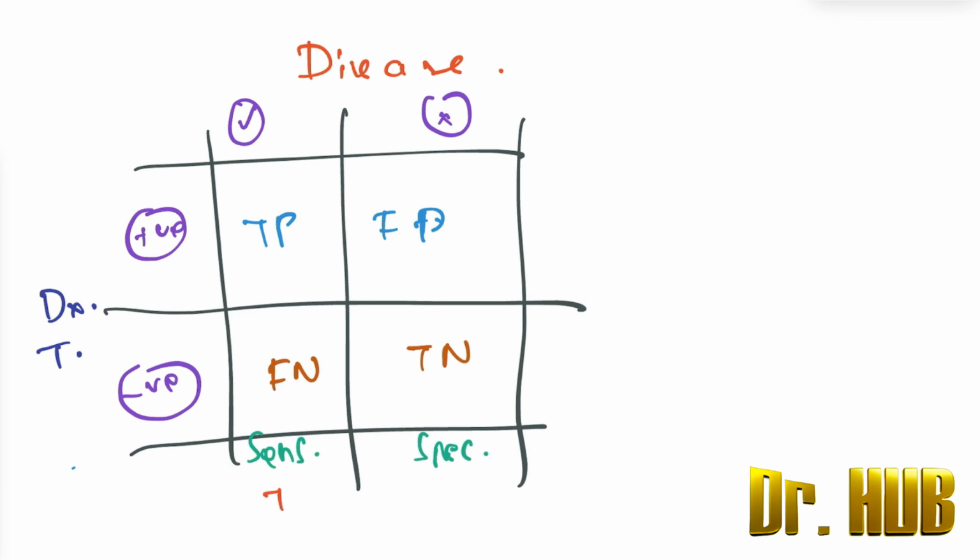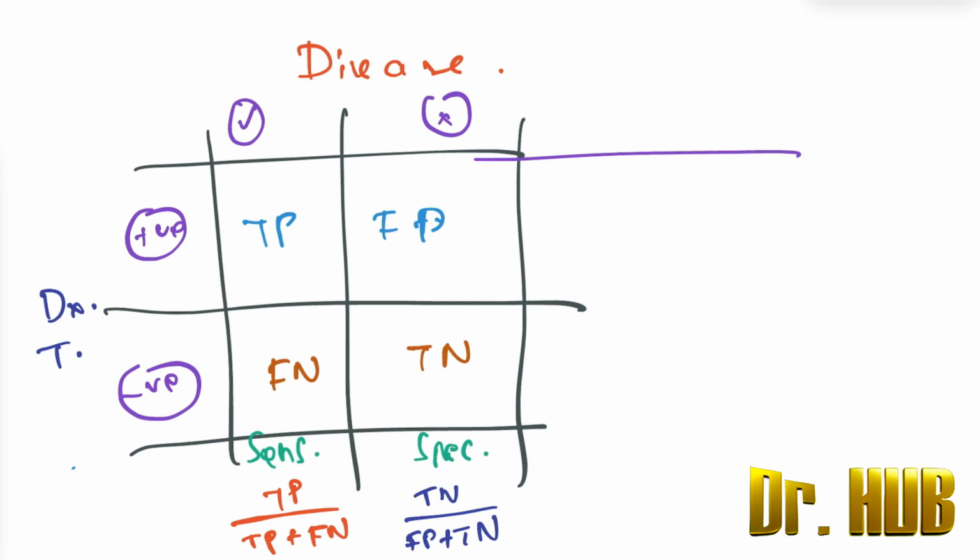Now let's look at the sensitivity, and here it is going to be the specificity. Sensitivity is TP divided by TP plus FN. On the other hand, specificity is going to be TN divided by FP plus TN. Here we are going to get the positive predictive value.